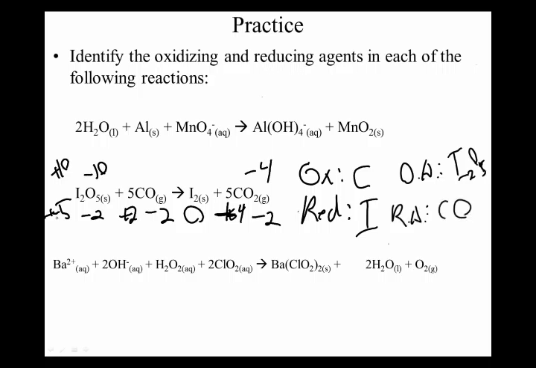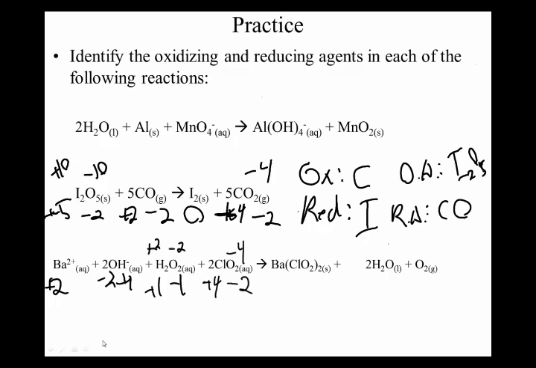Okay, down here, barium, Ba2+, well, that's easy, that's just 2+. That's simple. Here we go, -2 + 1, -2, oh, right, this is hydrogen peroxide. This is the one example, one exception I told you about. Oxygen is -1, so there's -2 + 2 + 1. ClO2. -2 oxygens, -2 + 4.